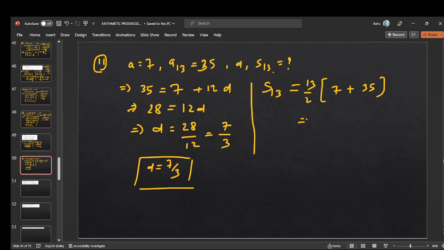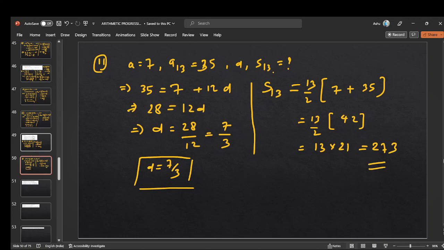Then if we add, we get 13 by 2 and 42. Clear? 21 twos are 42, so we can write here 21, and after multiplication we get 273. That is our answer.